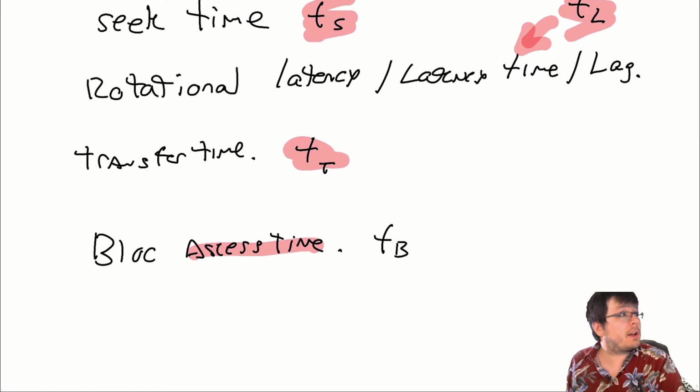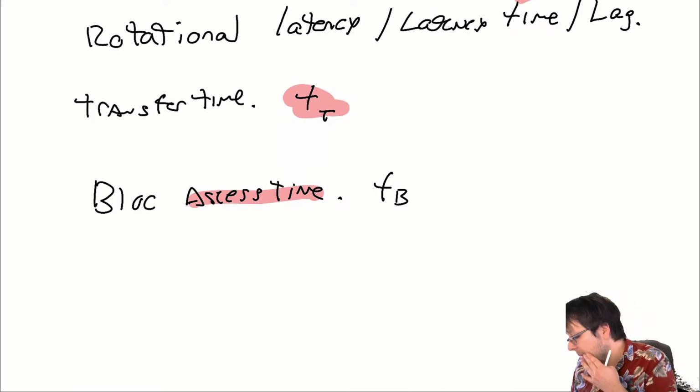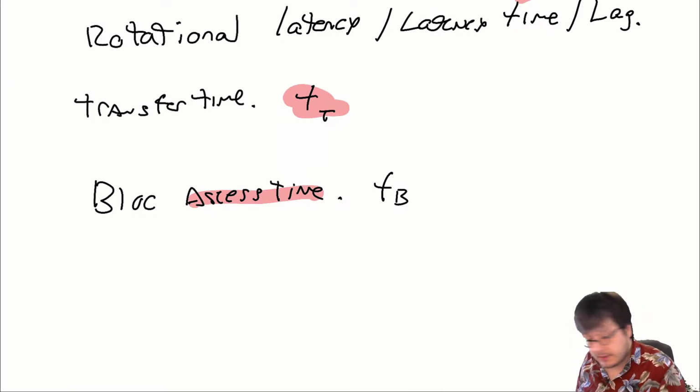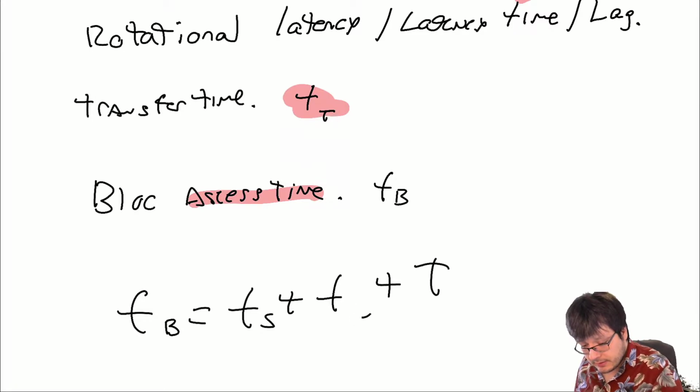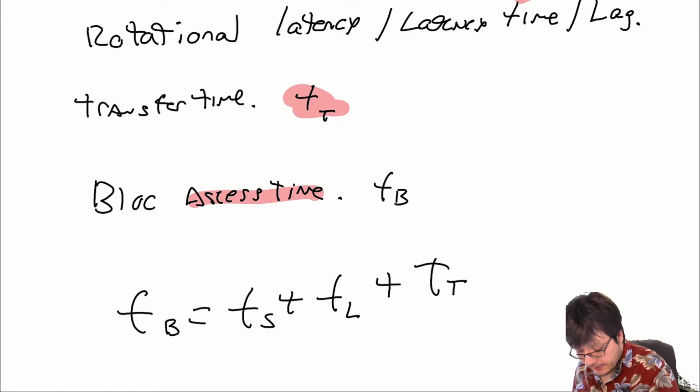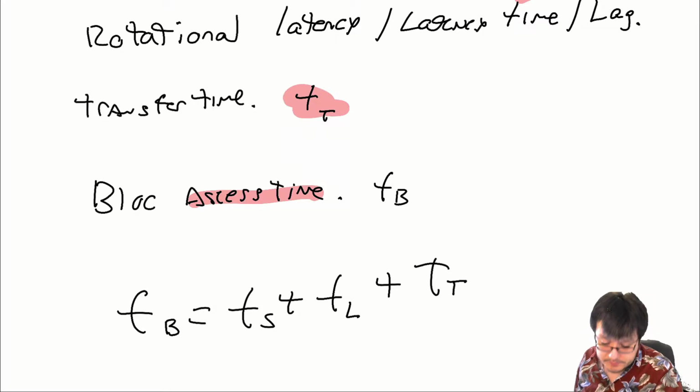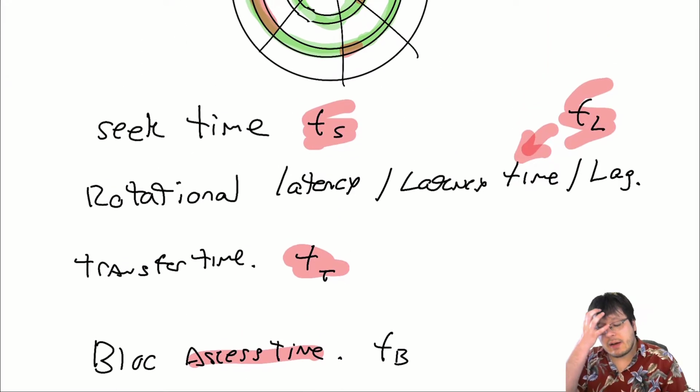And so the formula, I don't know, it might be a typo, but if it's a typo, then we're all learning it with a typo, I guess. TS plus TL plus TT. Okay? And so let's figure out how these go.